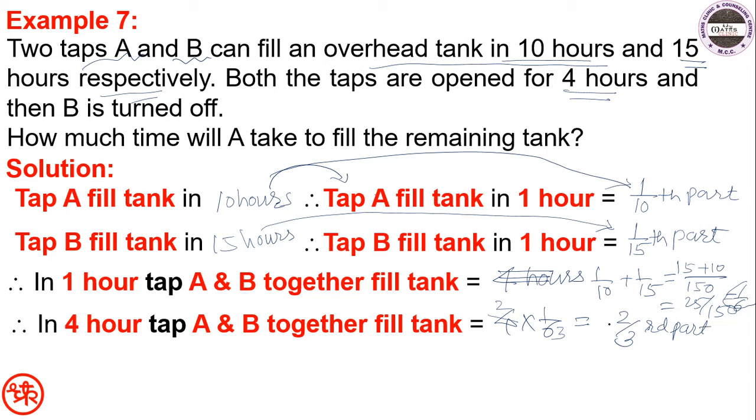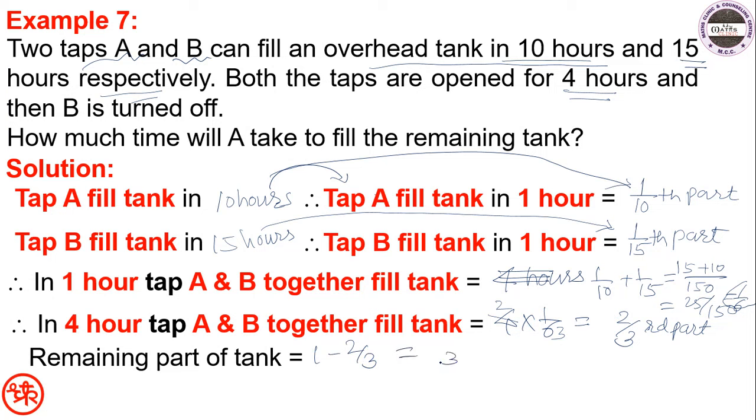Okay, and therefore the remaining part of tank is what? Remaining part of tank is 1 minus 2 by 3, and that is equal to 3 LCM, that is 3 minus 2, that is equal to 1 by 3 part. Okay, and therefore A can fill the tank in how many hours? 10 hours, and therefore A will take the time 10 hours into 1 by 3.